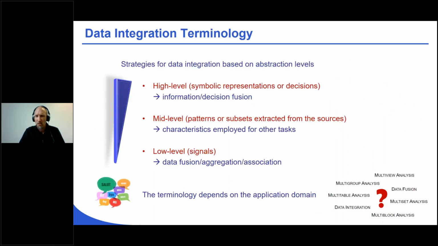If we think about data integration, we can distinguish, and this is a bit theoretical, but you will see that it may be helpful to see which tools you can use with your data structures, different levels of data integration. The first level is called the high-level data integration, and maybe you already did this kind of methodology.